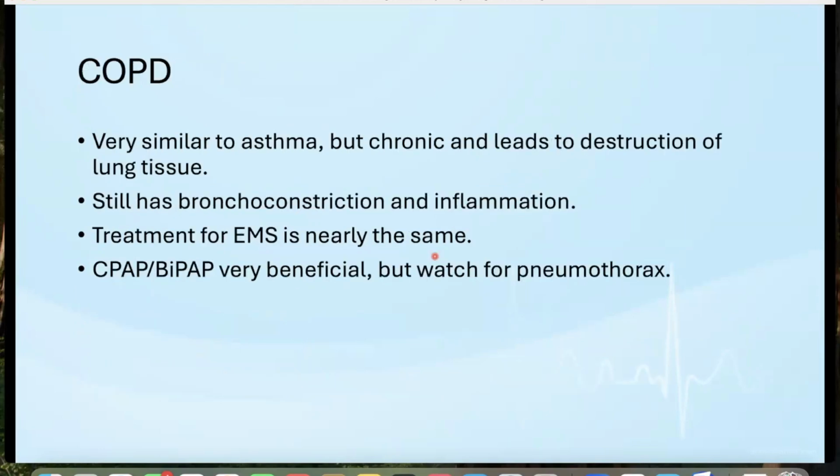All right, so let's pivot. COPD is very similar to asthma, but this is a chronic disease, and it leads to destruction of the lung tissue. Essentially, we have chronic bronchoconstriction and inflammation and mucus production, et cetera. As a result of all this, air is not able to exchange as easily.